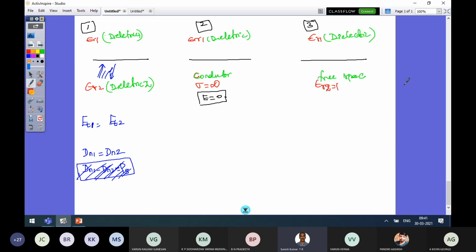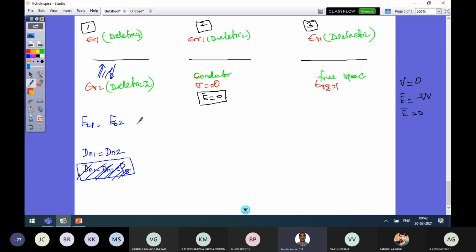Simple relationship: in a conductor, which is an equipotential body, the potential difference is zero, and with the relation E equal to negative gradient of V, if the potential is constant then the electric field is also zero. So the electric field inside a conductor will be zero.